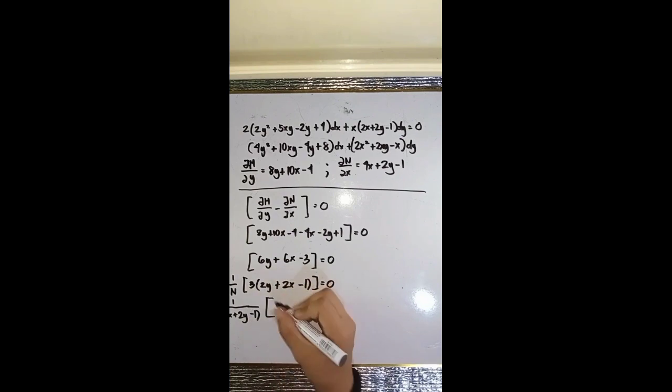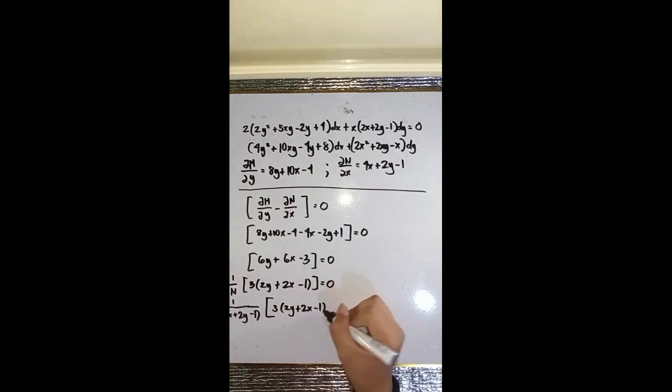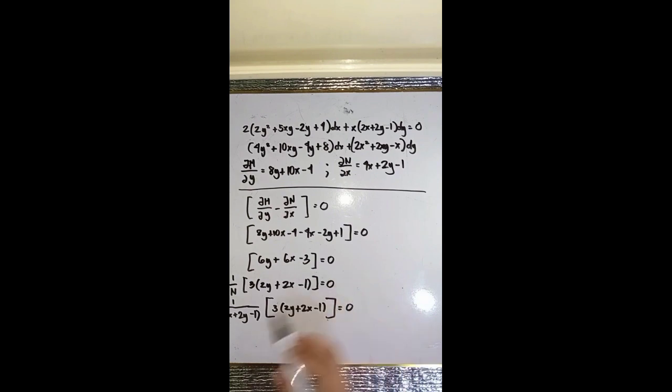As you can see, the N function and the function that we get by subtracting the partial derivatives of M and N are similar. So we're going to cancel them out, resulting in 1 over x multiplied by 3.